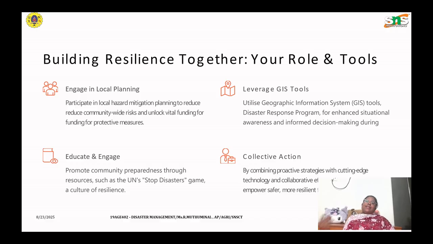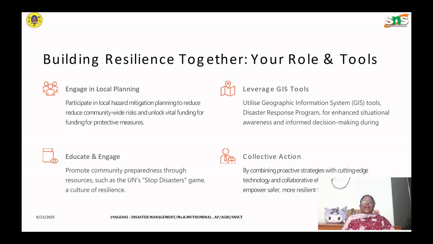Here, as an ongoing technological approach, we will engage in local planning, participate in local hazard mitigation, and plan to reduce community-wide risk and unlock vital funding for protective measures. We will also use GIS tools, that is, geographical information system tools, for identifying the response program for enhanced situational awareness and informed decision making during the occurrence of disaster.